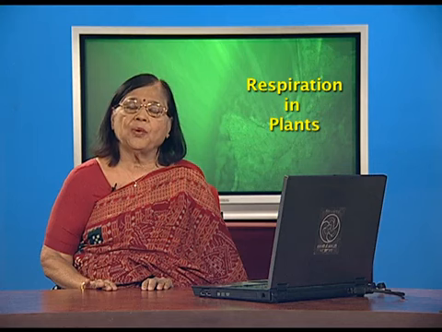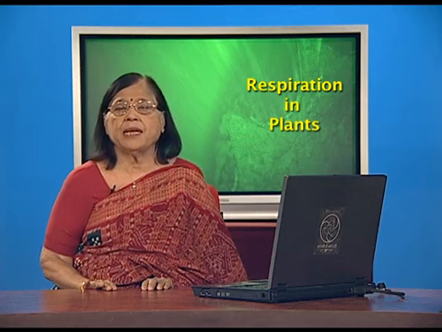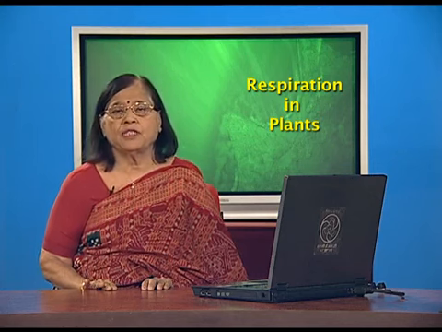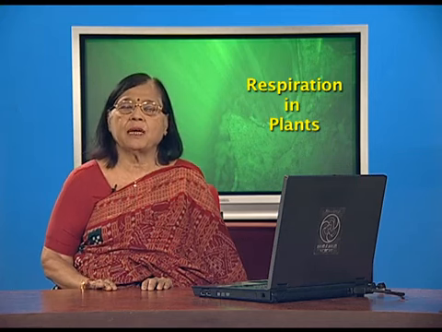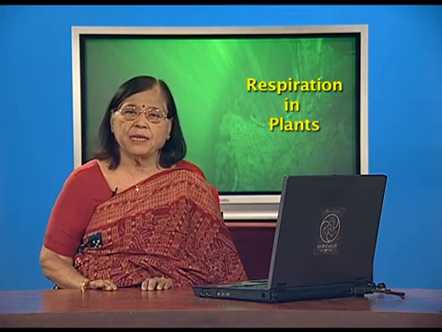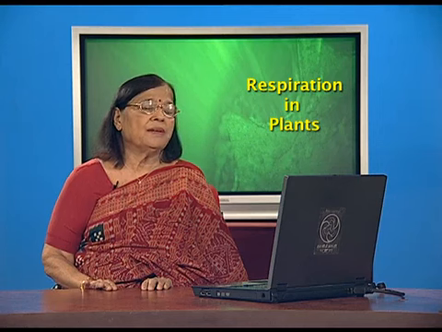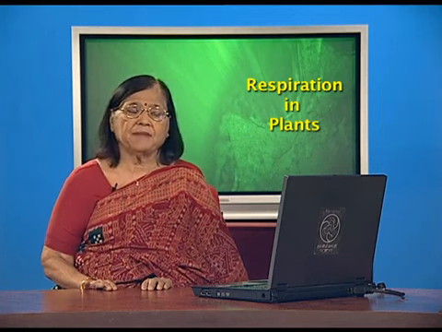This will show you how many ATPs are produced against how many molecules of oxygen and how many carbon dioxide are produced at various points, and this will make your respiratory balance sheet.